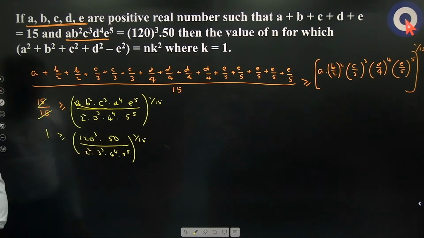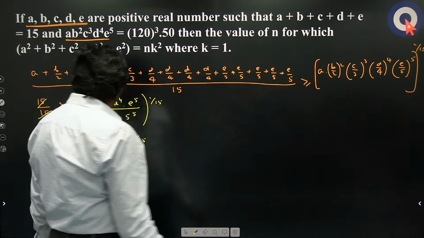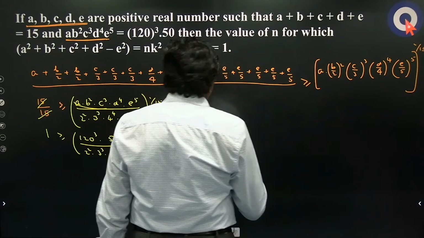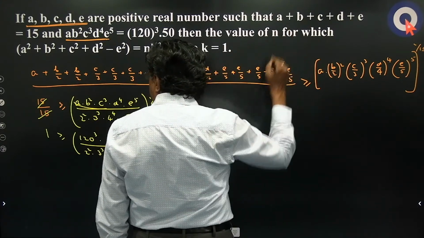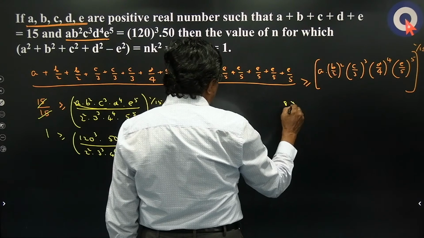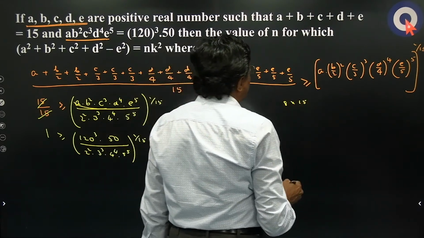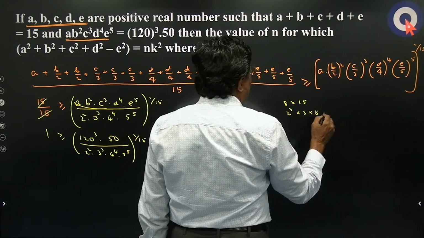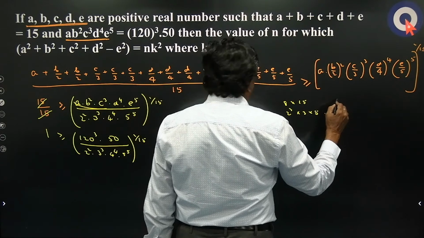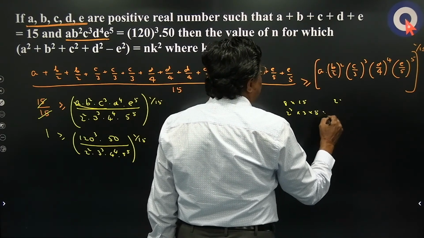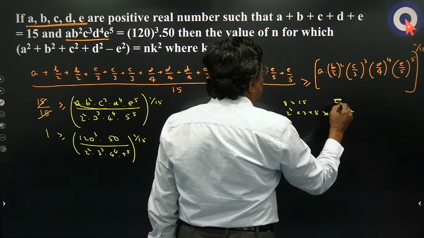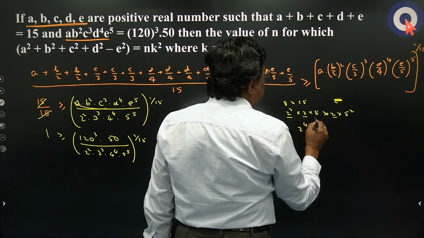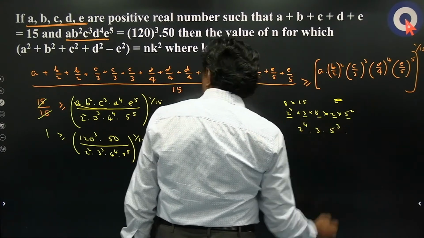As we have prime factorization as a denominator, we shall go ahead and do prime factorization for the numerator as well. So 120 is what? 8 into 15. So this is 2 cube into 3 into 5. And 50 is 2 into 5 square.